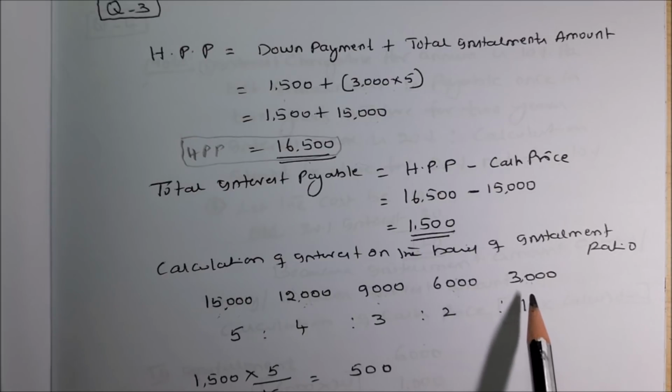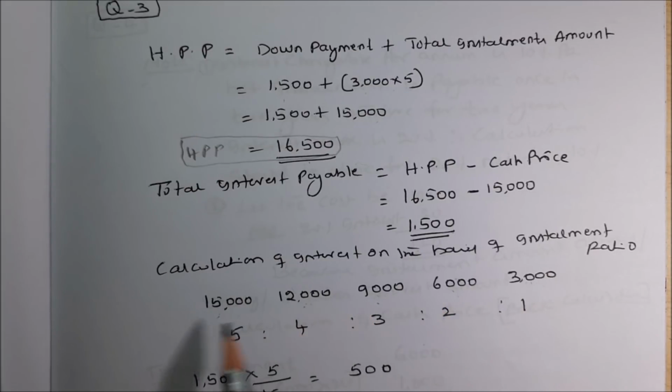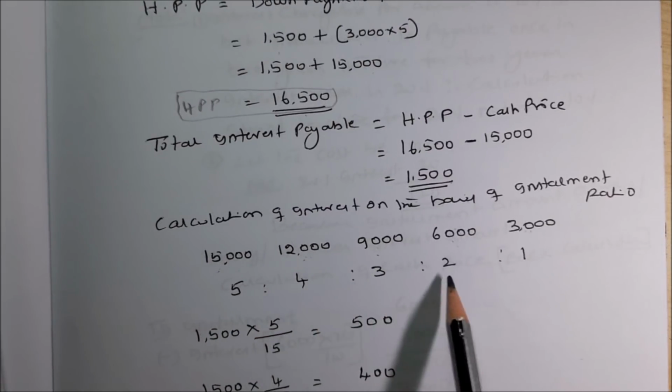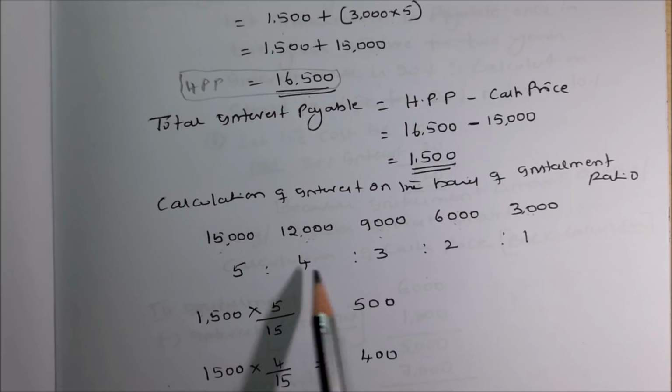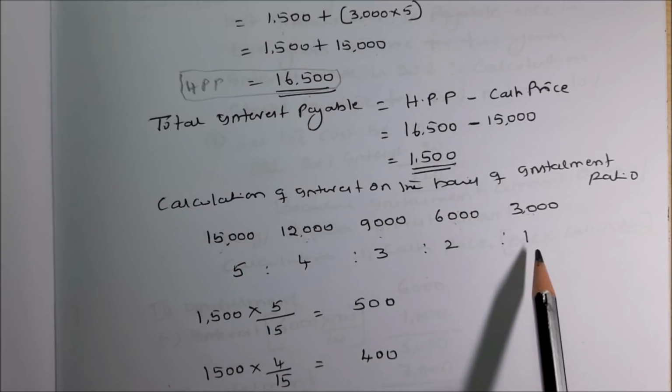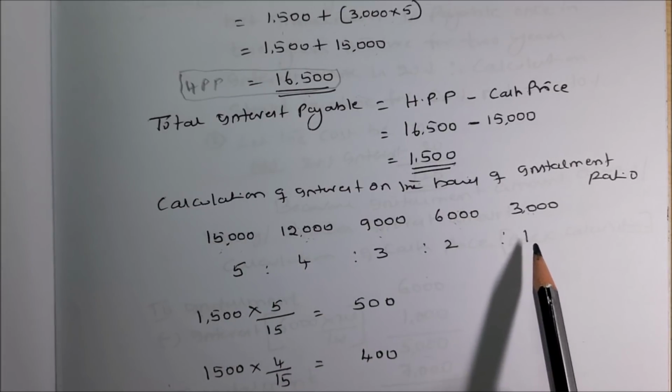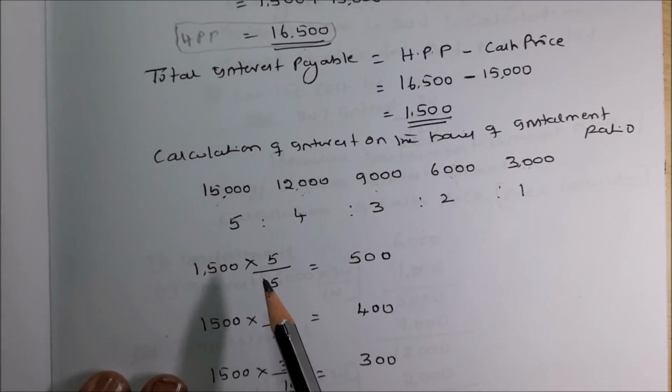You make a ratio. So 3,000, 6,000, 9,000, 12,000, 15,000 means 3 ones, 3 twos, 3 threes, 3 fours, 3 fives. So 5 plus 4 plus 3 plus 2 plus 1. 9, 12 plus 3 is 15. So you know how to calculate the ratio.